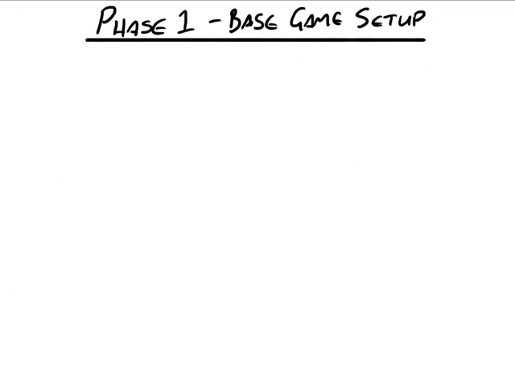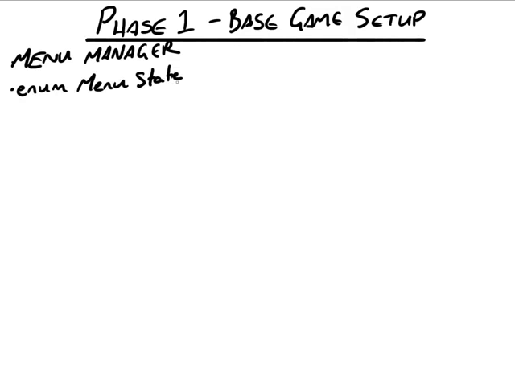Next up, we needed the Menu Manager class. Now, what the Menu Manager class needs is an enum for menu state, which has two options, title screen and main menu.